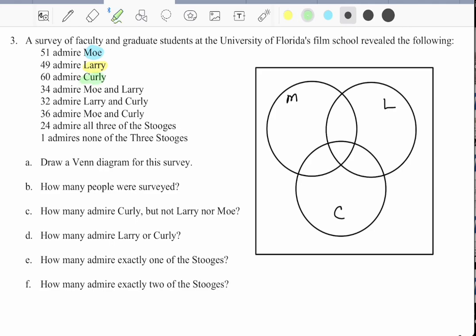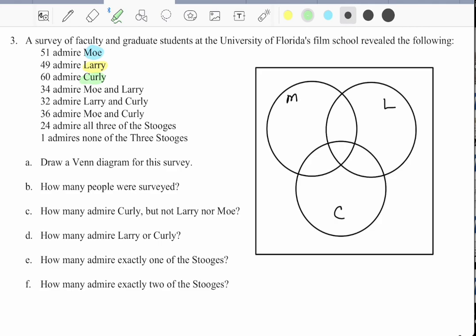All right. So, 51 admire Mo. What that means is that the entire circle for M contains 51 individuals. This is a survey of faculty and grad students at the University of Florida. So there are 51 people who said Mo, but some of that 51 also said Larry, and some of them said Curly, so we need to account for all that.